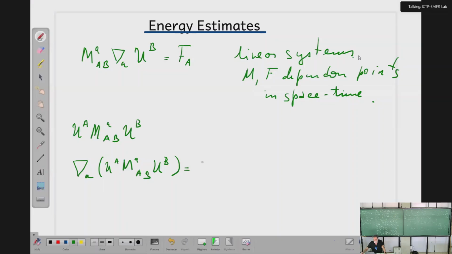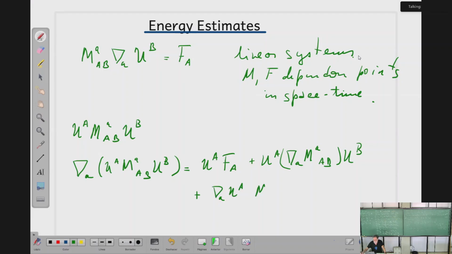So you get U_A times F_A. Then when the gradient acts here, you get U_A divergence of M^{AB} U_B, and then you get gradient_A U_A M^{AB} U_B.